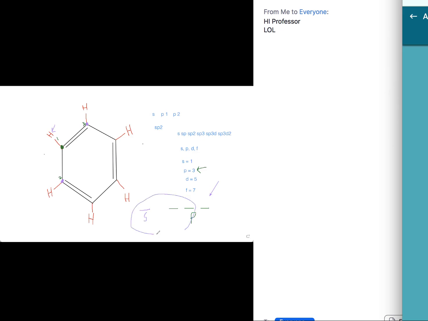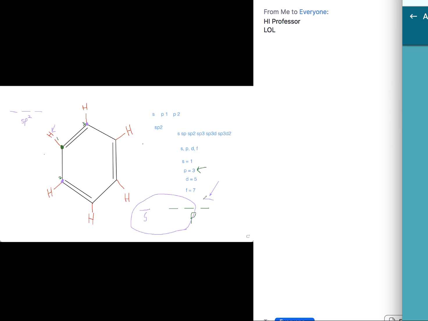So those are going to hybridize and become kind of like a Frankenstein group of orbitals. There will be 3 of them, and they'll each be sp2 orbitals. So instead of there being an s and 2 p's, they'll all 3 be sp2s.